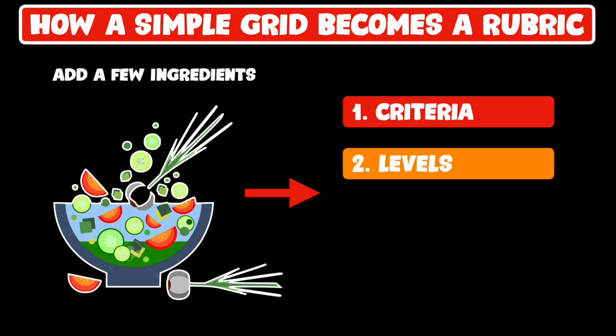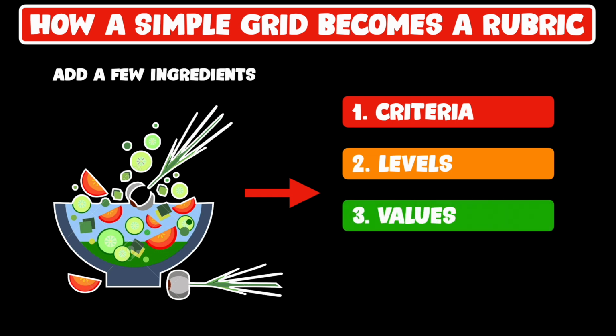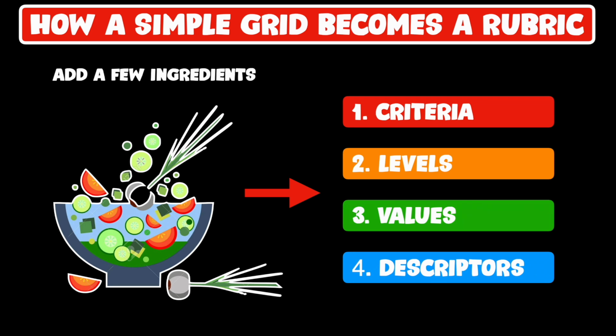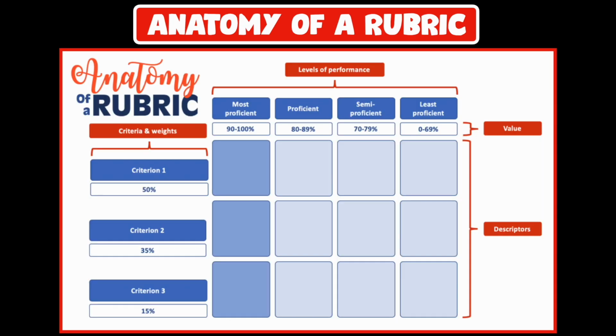These levels in turn have to be quantified with some values. Let's take percentage of marks as values. And lastly, all the different criteria and levels have to be described in words in a qualitative way, which gives us the descriptors.